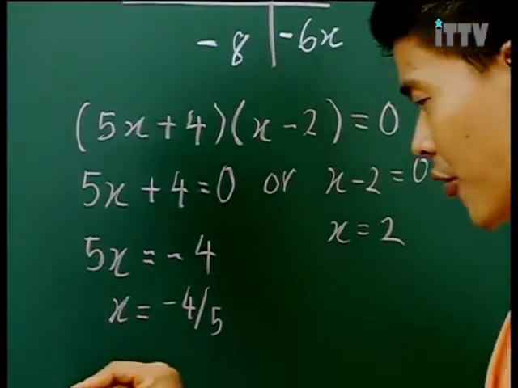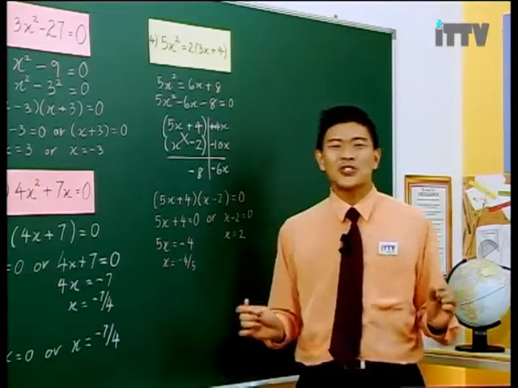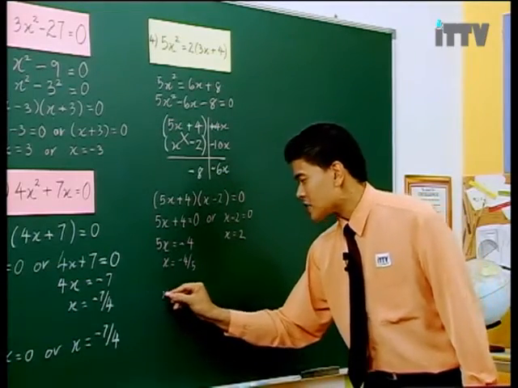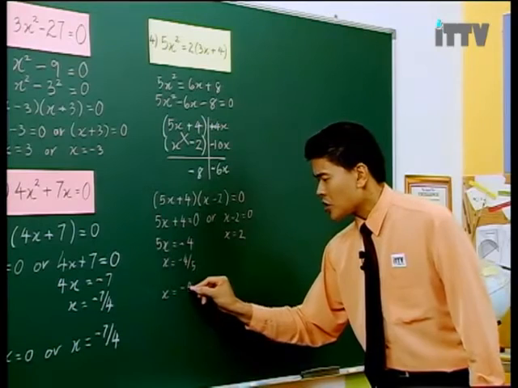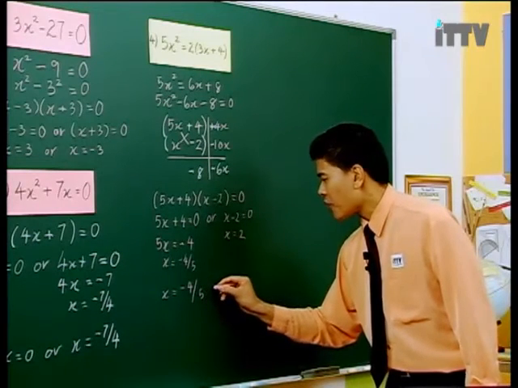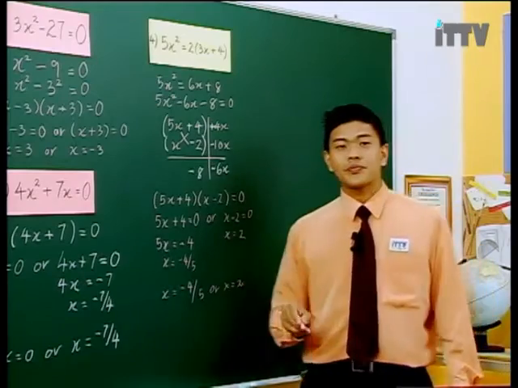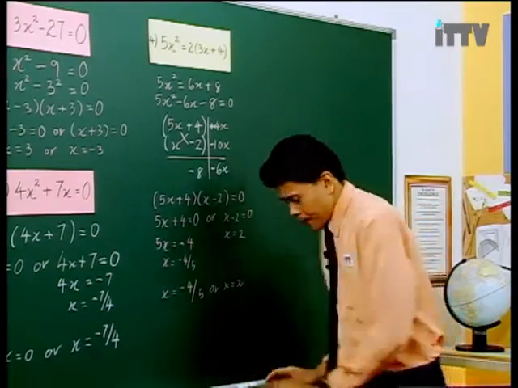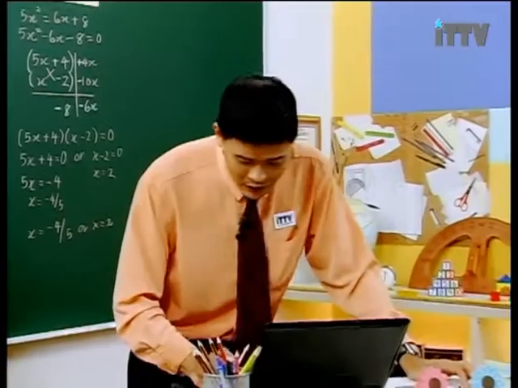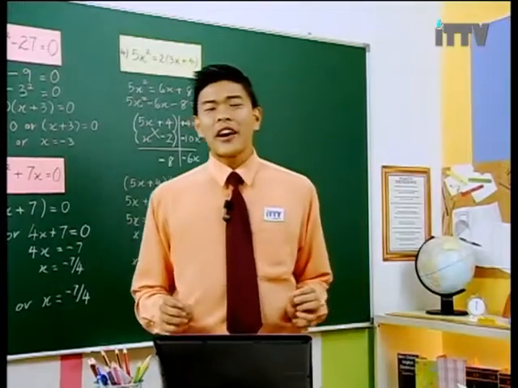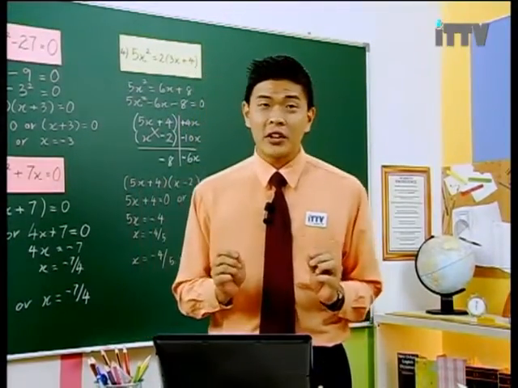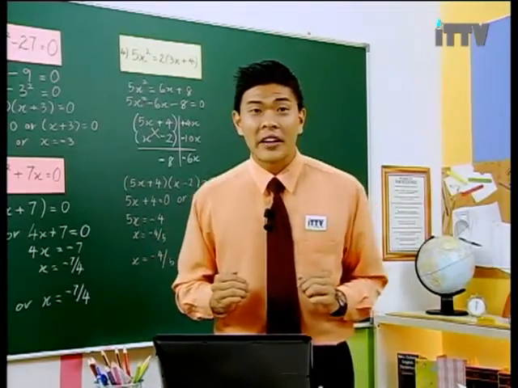Lastly, write down, therefore, if we put these two roots together, we get the solution for this quadratic equation, which is minus 4 over 5 or 2. So these are the ways to find the roots by using factorization, using the 5 steps.